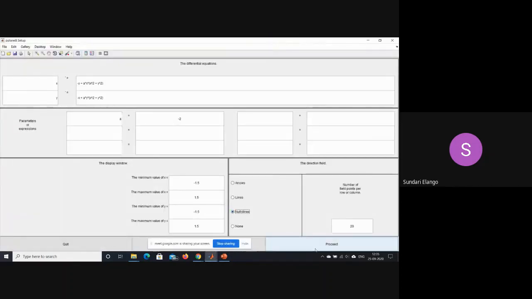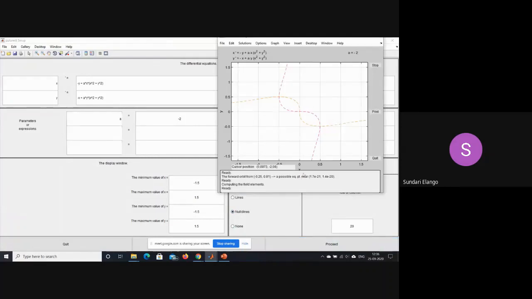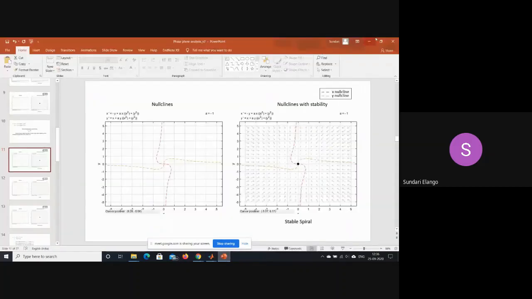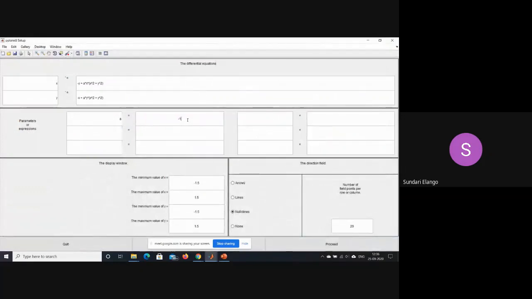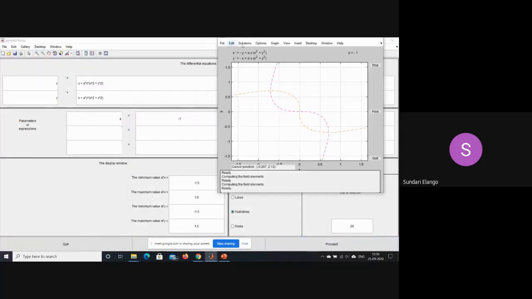So if you plot the null lines, this is what the null lines look like. If I take the value of A to be -1, then for the null lines, there's not much of a change.